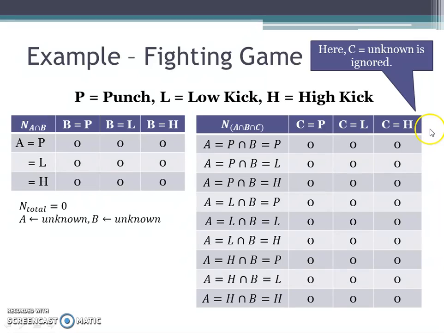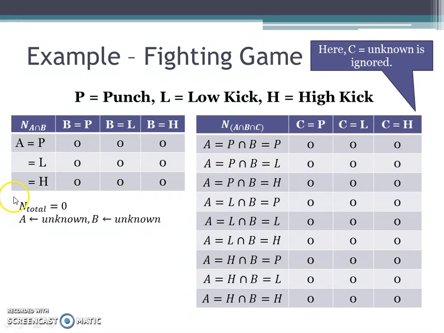Due to the limitation of our slides, I can't put numbers for that. But you can imagine that this C equals unknown in all cases. The number is just going to be 1 at most, because this only happens at the beginning of the prediction.